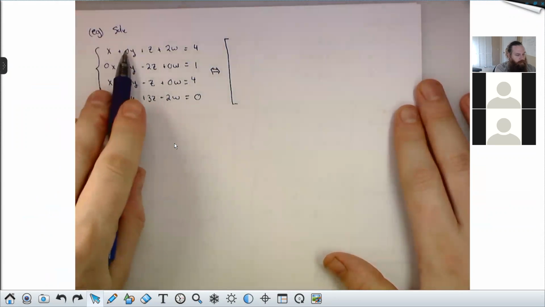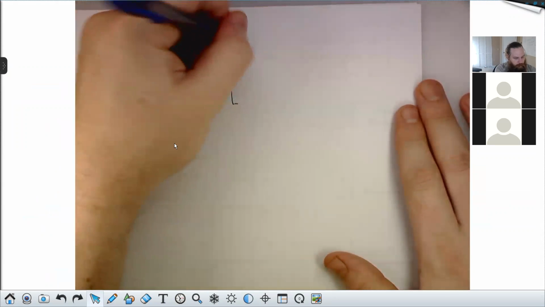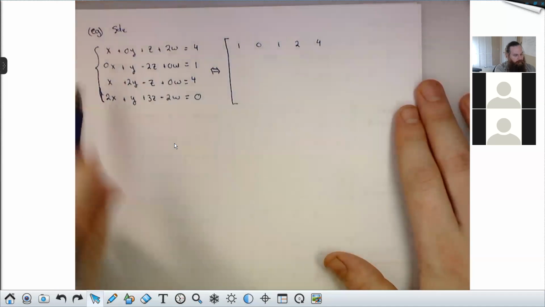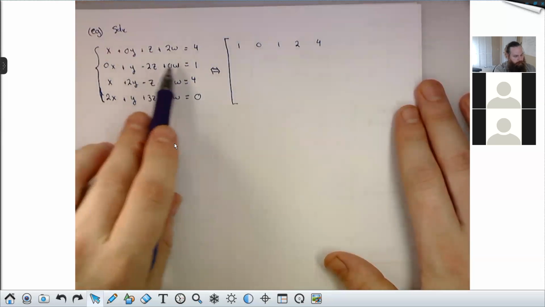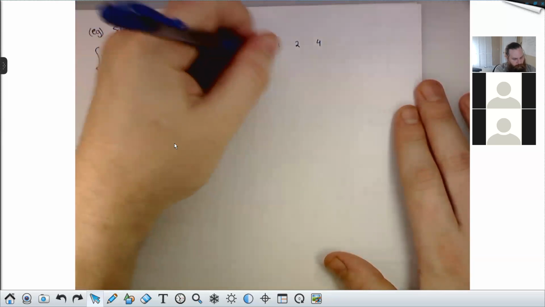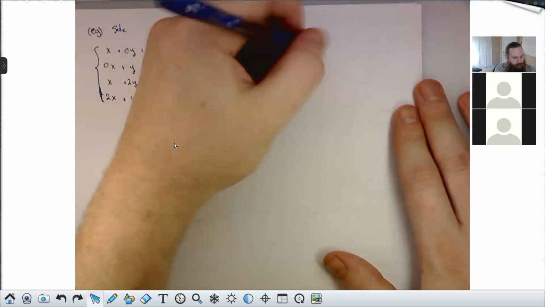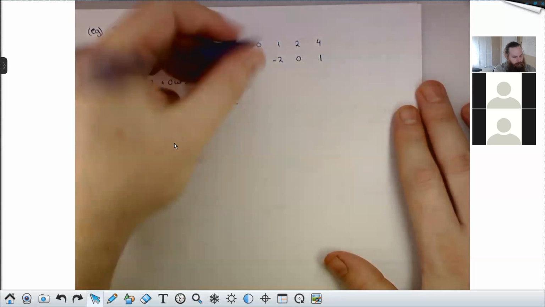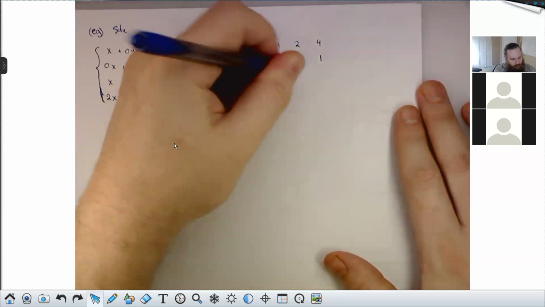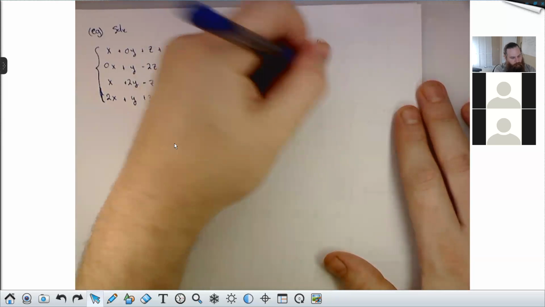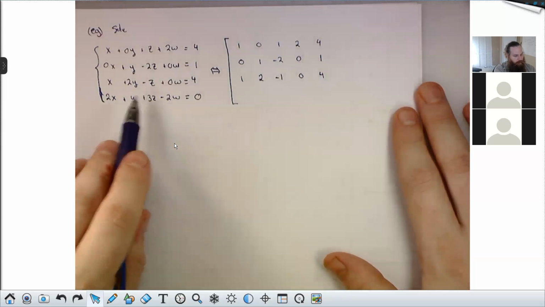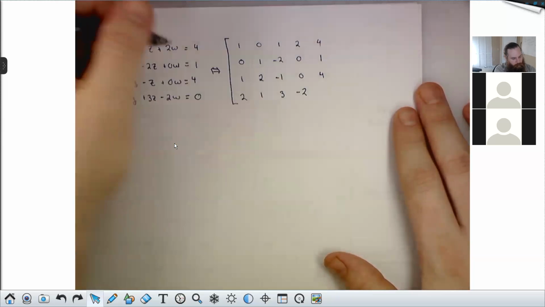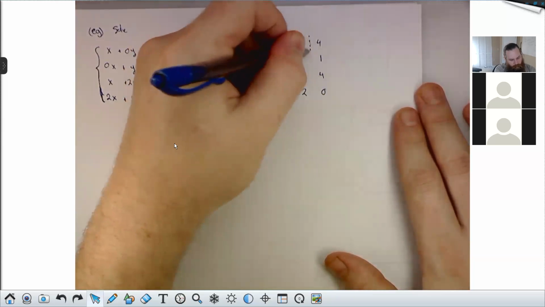Coefficients are 1, 0, 1, 2, and then the right-hand side is 4. 0, 1, negative 2, 0, and then the right-hand side is 1. 1, 2, negative 1, 0, and then a right-hand side of 4. 2, 1, 3, negative 2, and then a right-hand side of 0.